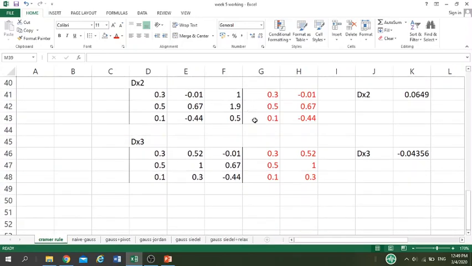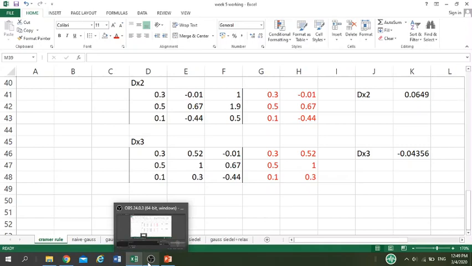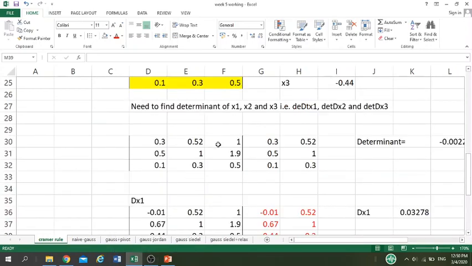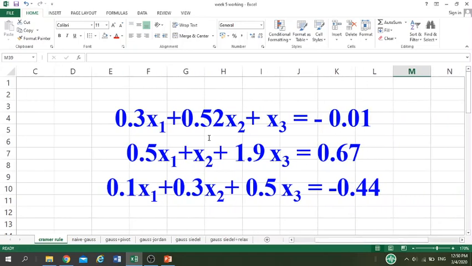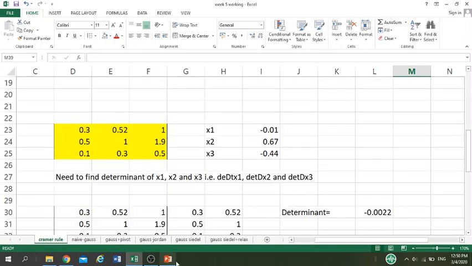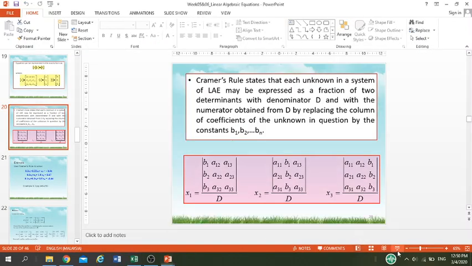All right, that's all for the demonstration of Cramer's rule on this particular example, in which we deal with three simultaneous equations with three unknowns, x1, x2, and x3.